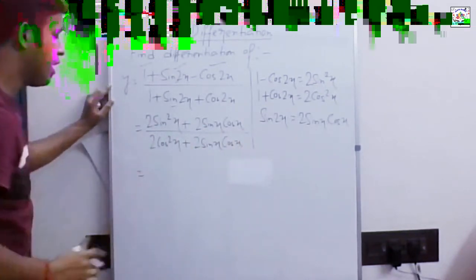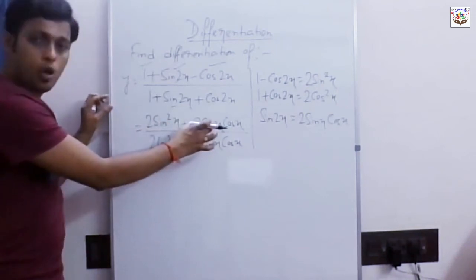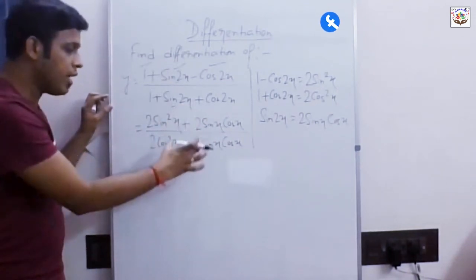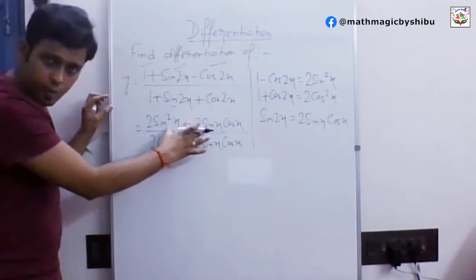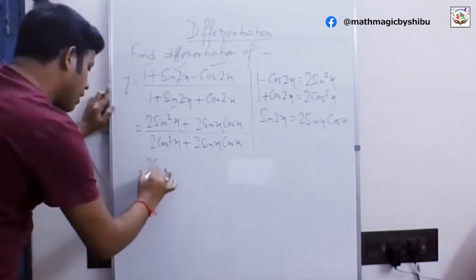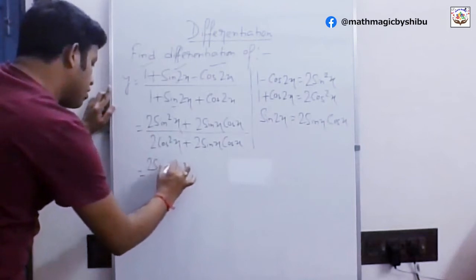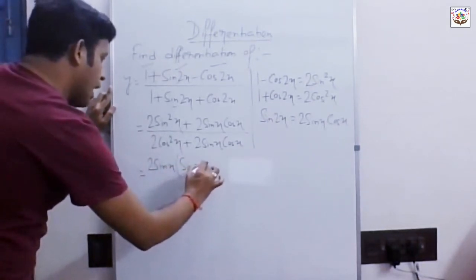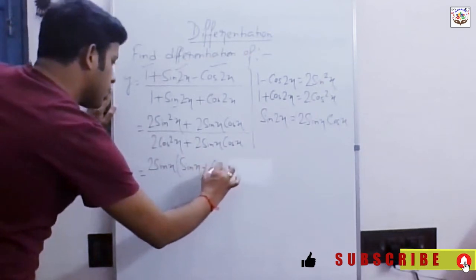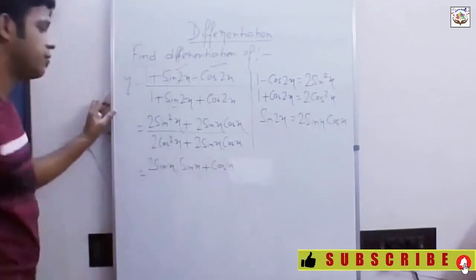Now, let us take 2 sin x as common from the numerator. If we take 2 sin x as common from the numerator, we are left with sin x plus cos x.